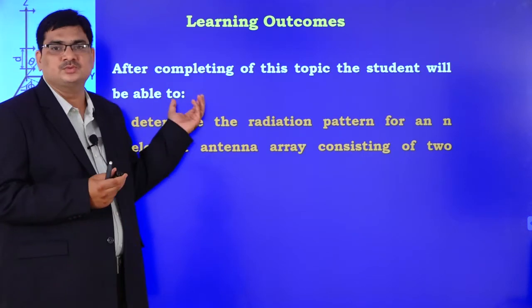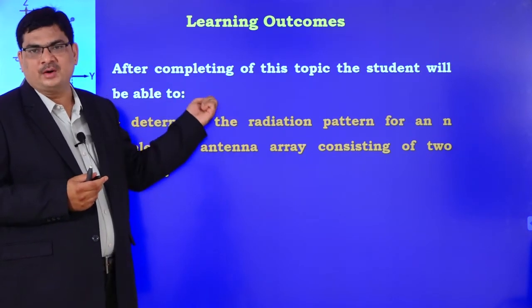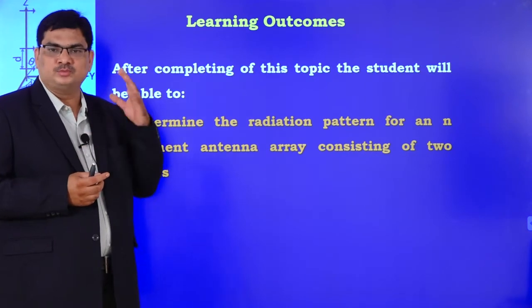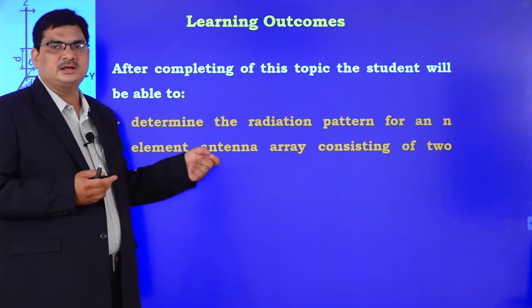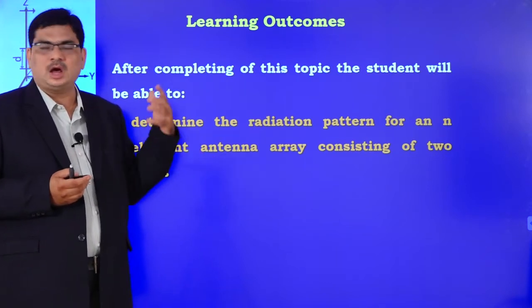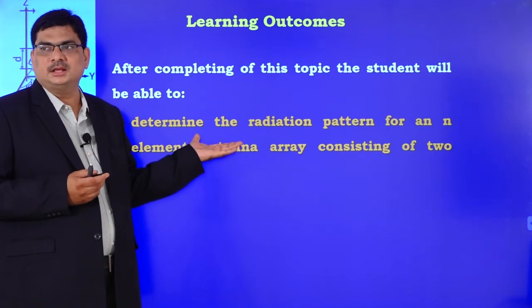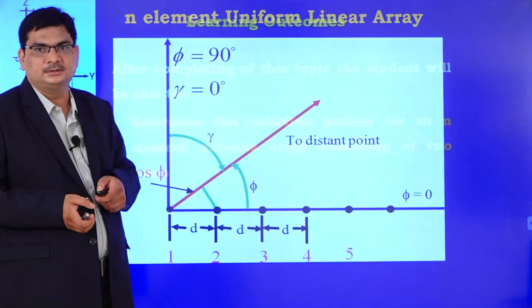Once this topic is over, students will learn how to design an n element uniform array. n elements means we can design our antenna from 2 to any number of elements, and then how the array will be designed in the broadside case, and how the array design will be in the end fire case.